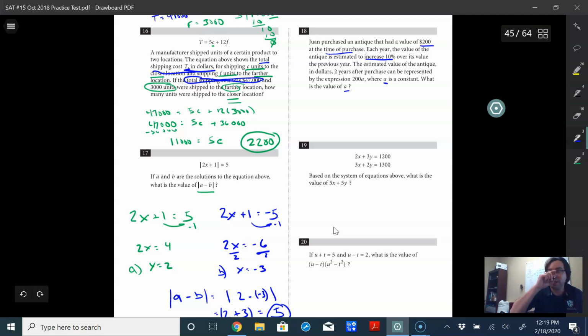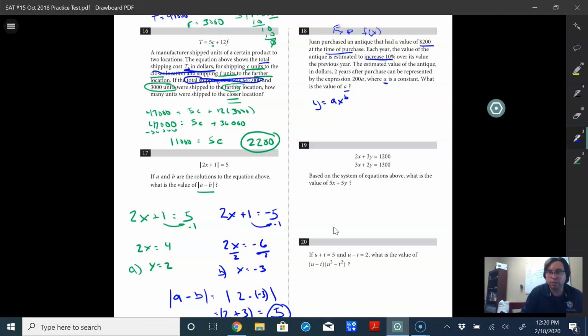Well, what we should be able to pick up on is that this is an exponential function question. And remember, the format of this is y equals ax to the b power. So we see the expression 200A, where A is a constant, and that it's increasing by 10%.